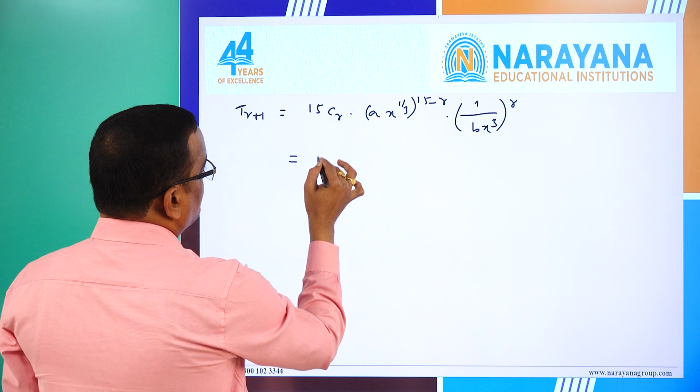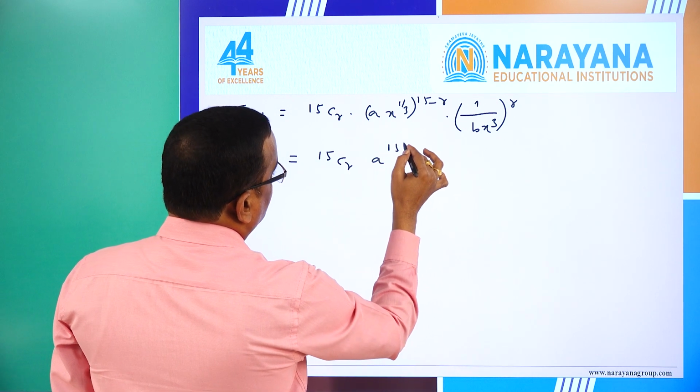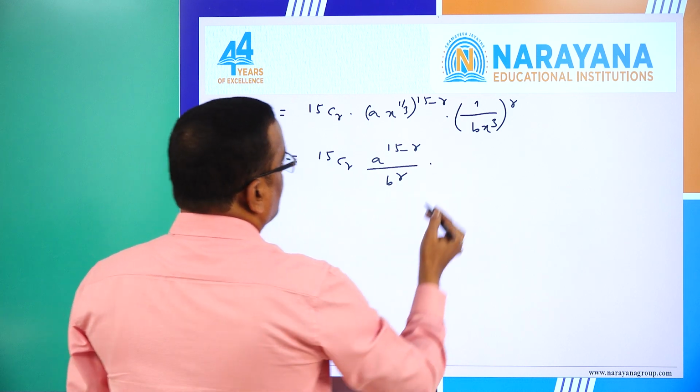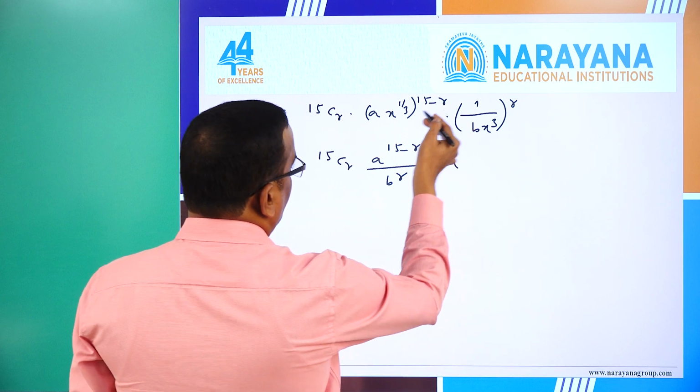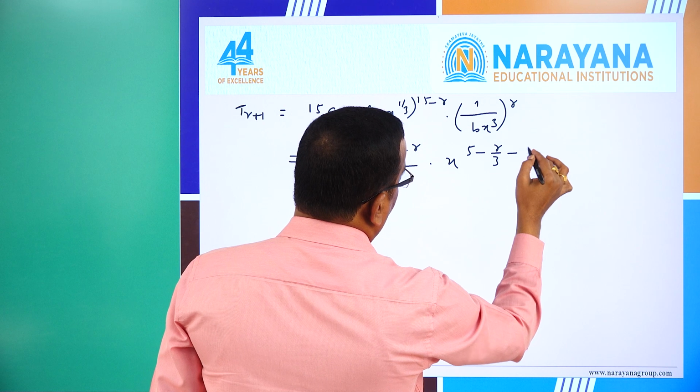This we can write as 15Cr into a^(15-r)/b^r into x power, (15-r)/3 minus 3r, nothing but 5 minus r/3 minus 3r.